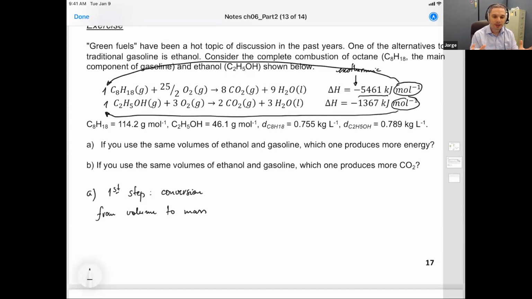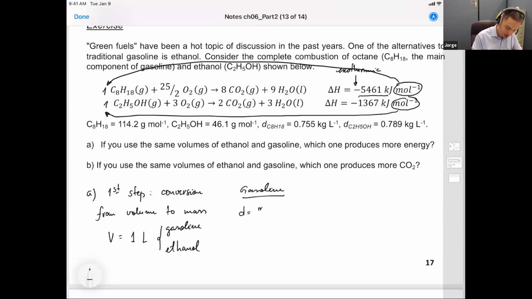We are comparing the same volume, however, the volume was not given. So let's consider that we are using 1 liter of gasoline and 1 liter of ethanol. Okay, so let's first determine the mass of gasoline.